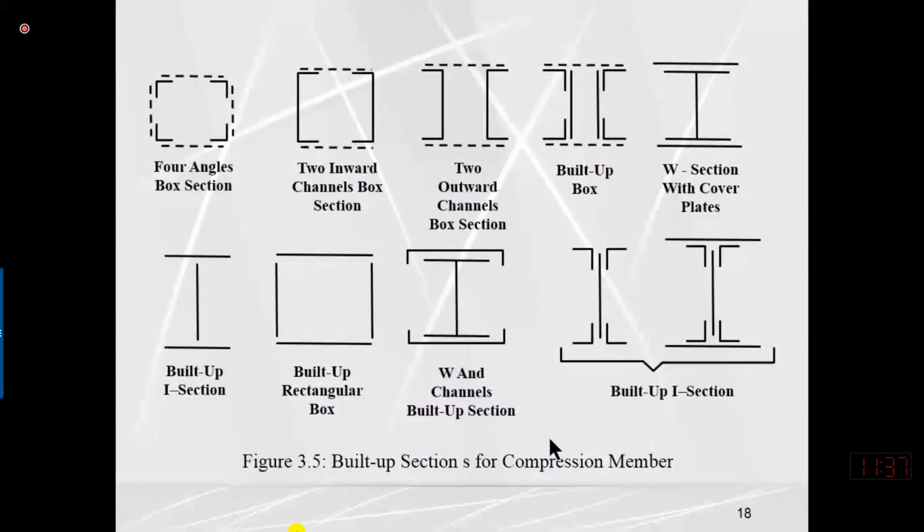So we need more moment of inertia about either axis, or more radius of gyration. How can we increase the moment of inertia or radius of gyration? By placing different single sections at a larger distance and connecting them with lacing and batten plates.